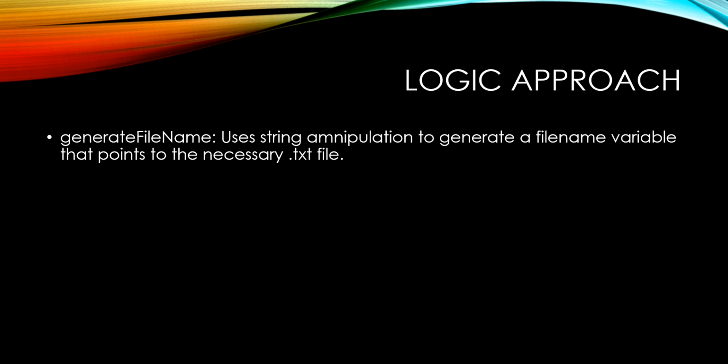Now, generate file name, as we said, Python and probably every other programming language that has the capabilities of opening files uses a directory to be able to know where the files are. So yeah, this does that.